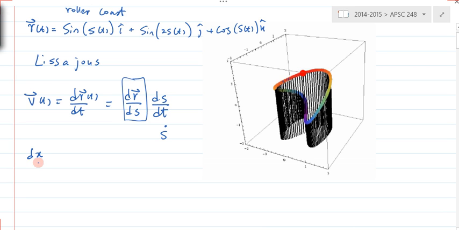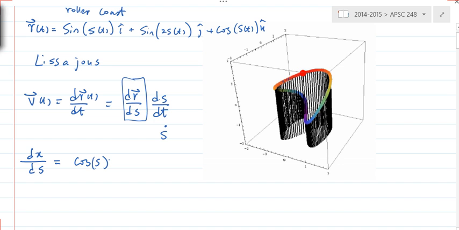Let's look at dx over ds first. This is a simple derivative. dx over ds, that's the derivative of sine s, so that's just cosine s.